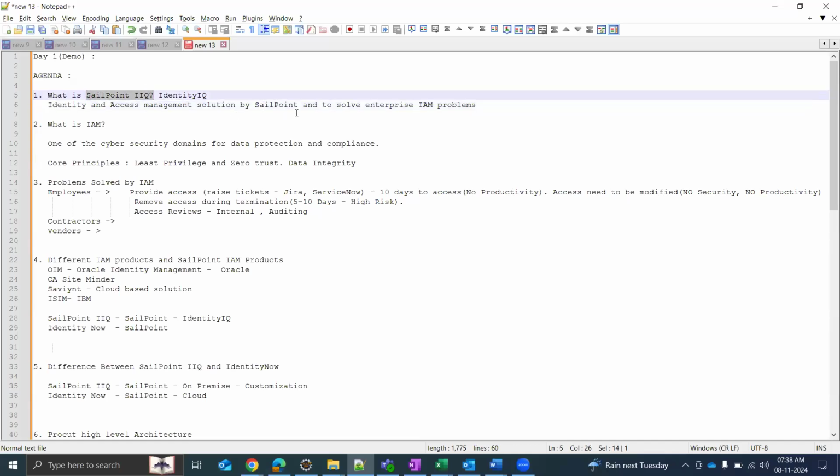It solves some of the enterprise IAM problems. We have so many organizations, and each organization has its own IAM setup, and there are some challenges they face from an IAM point of view, but this SailPoint IIQ tool solves those problems.